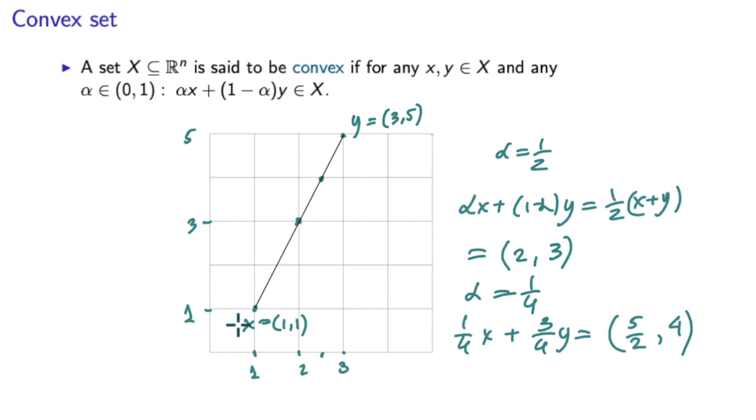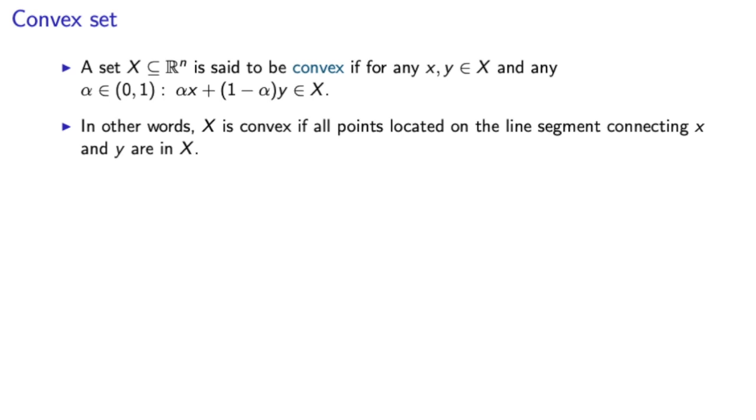So if I draw the line between any 2 points in my set, then the whole line segment between these 2 points is going to belong to my set. Once again, geometrically, a set X is a convex set if and only if for any pair of points X and Y from this set, the line segment connecting X and Y lies completely within the set X.